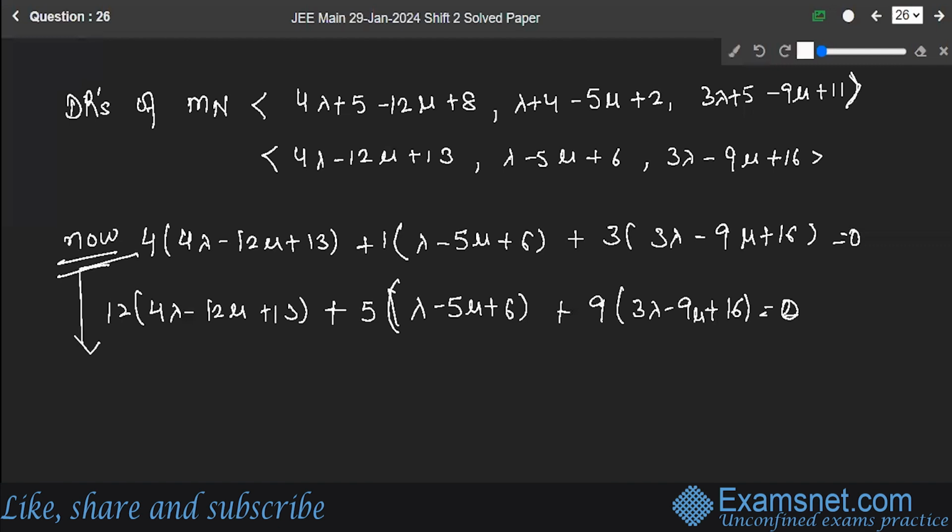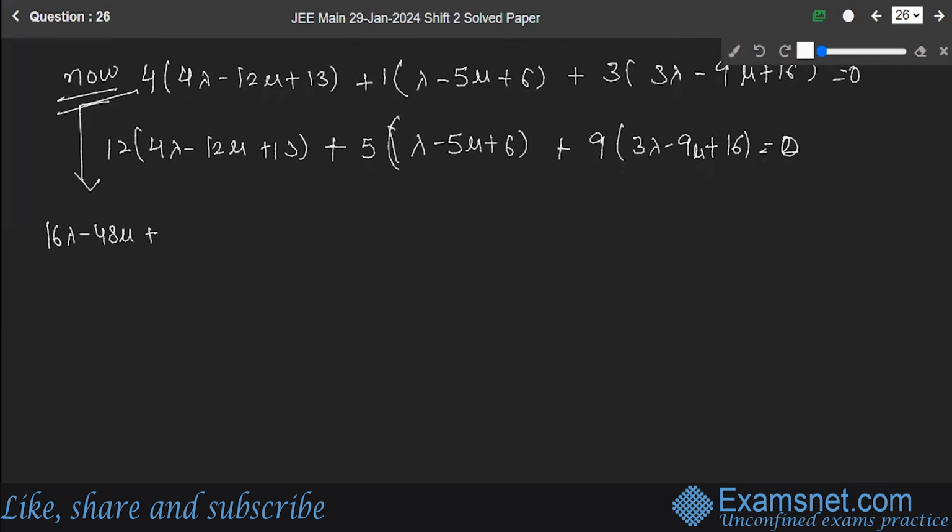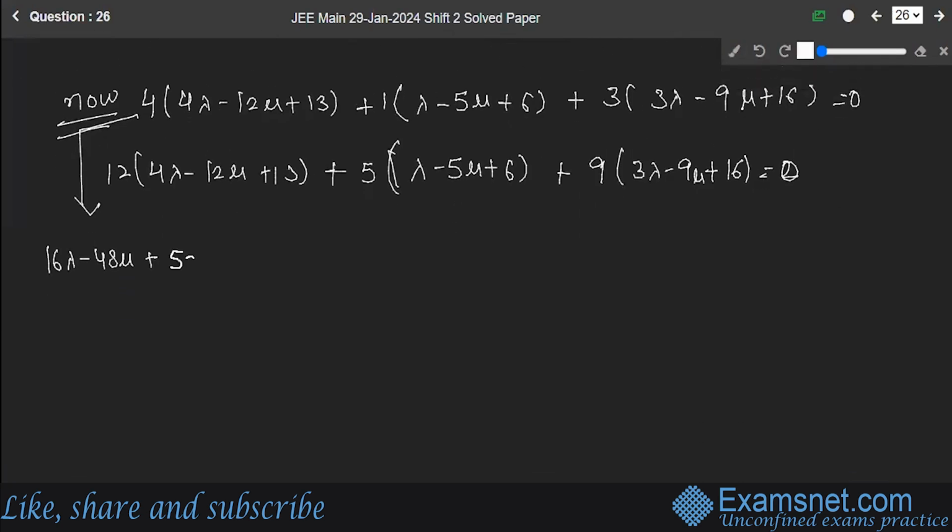From this equation, you will have 16 lambda minus 48 mu plus 52, plus lambda minus 5 mu plus 6, plus 9 lambda minus 27 mu plus 48 is equal to 0.